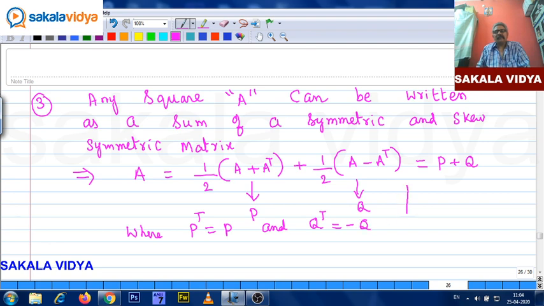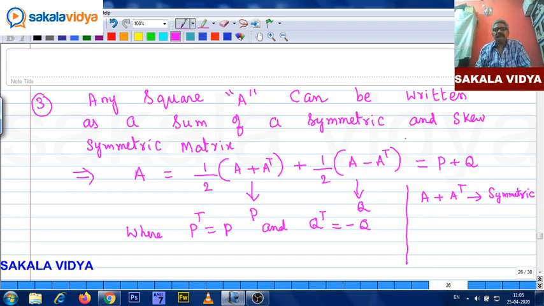That means hereafter remember A plus A transpose is symmetric. This will be conceptual questions. Sometimes conceptual questions may also be asked in the examination. A plus A transpose is always symmetric.